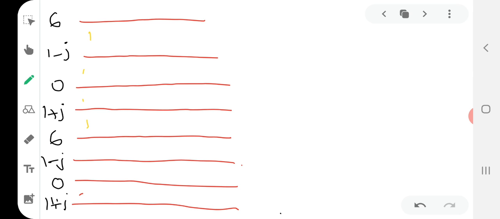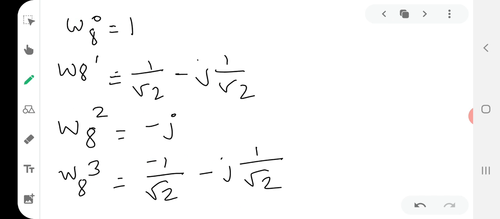And for the next 4 lines, we mark the value of W8 raised to 1, that is 1 by root 2, like that we will mark the values. Here this will be 1, 1, 1, 1, and in the next 4 lines we get the value 1 by root 2.